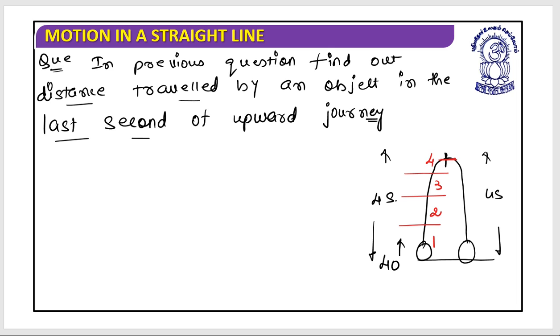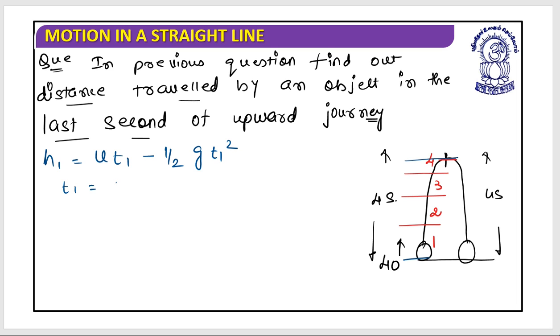Now how can you do this, or what can be done? What is coming to your mind? One option is you can write like this: h1 equals u into t1 minus half into g into t1 square. That means you are going to measure a distance from this to this.